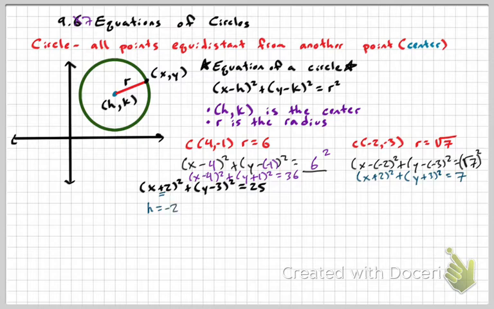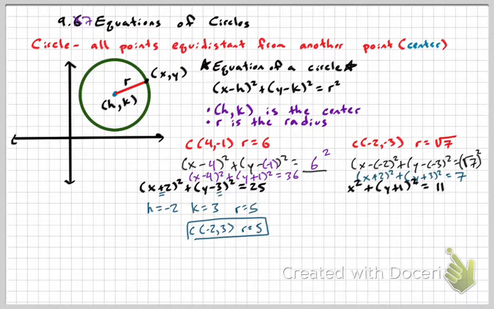So my h is -2. My k is 3. And then my radius is the square root of that number, which is 5. So the center of my circle is at (-2, 3), and I have a radius of 5. And that's the information I would need in order to graph this circle. Okay?